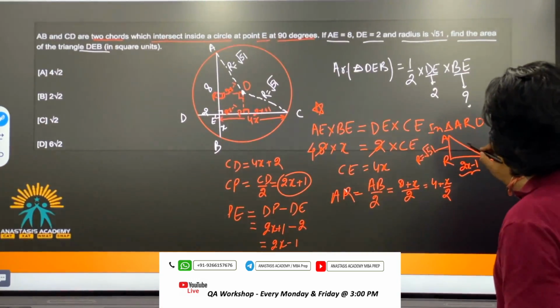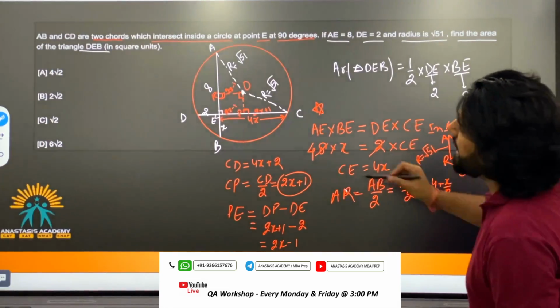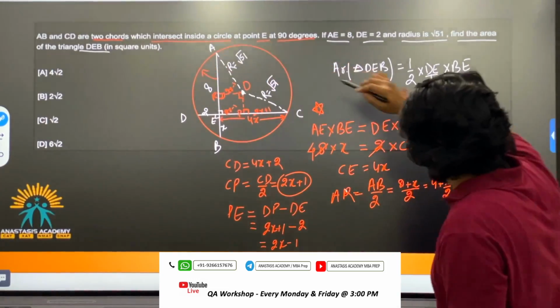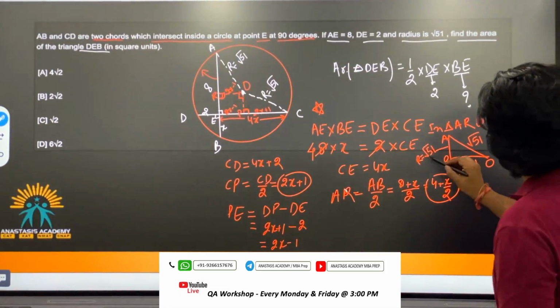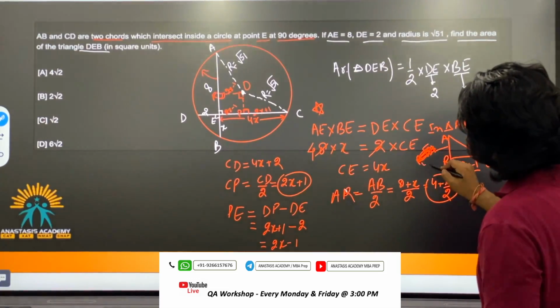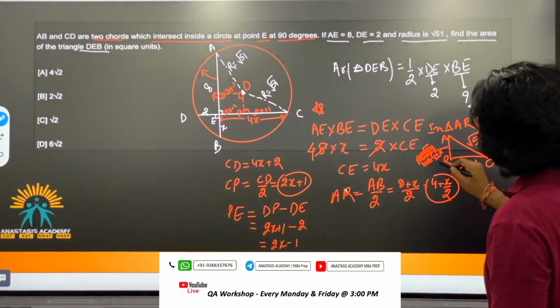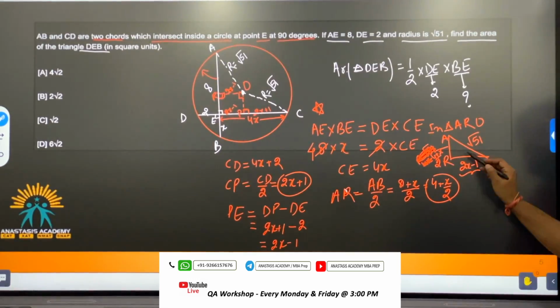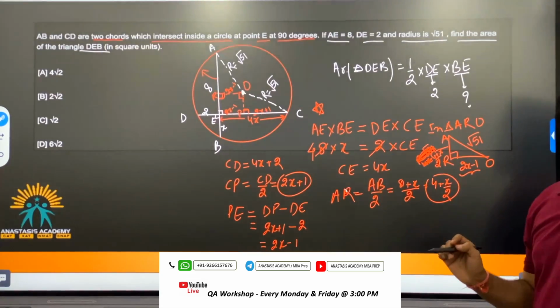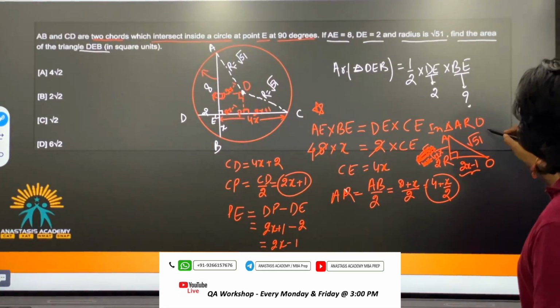It's a right angle triangle, so use the Pythagoras theorem to find the value of x. So square these terms.